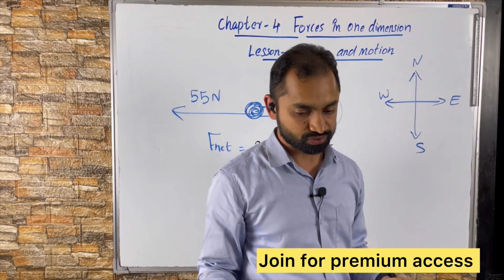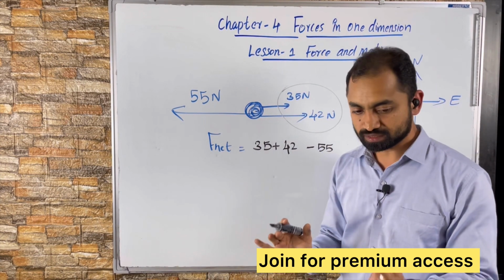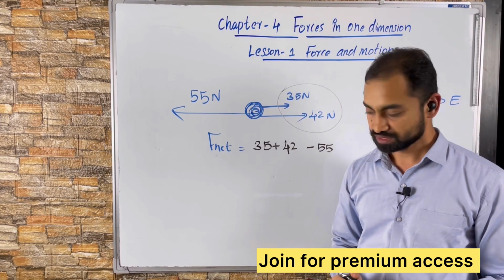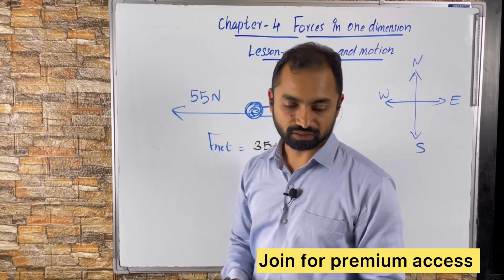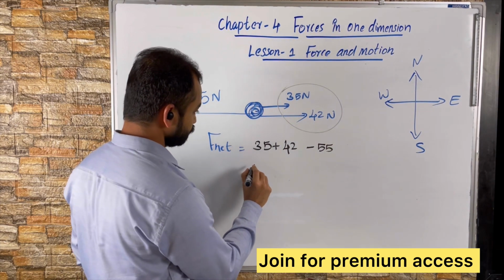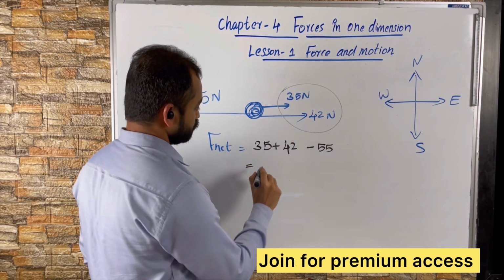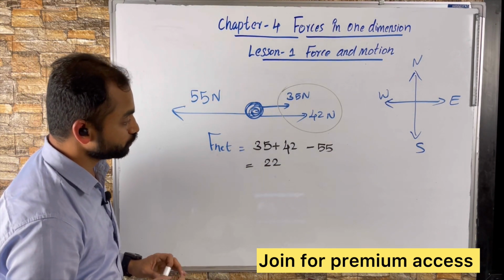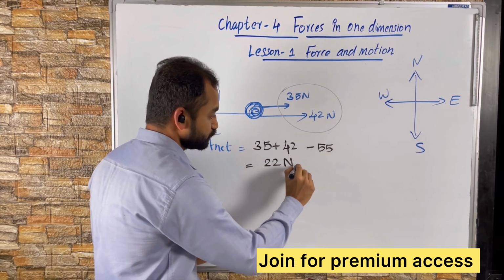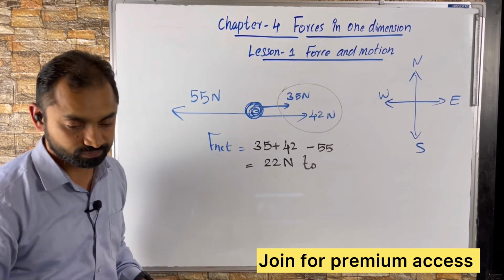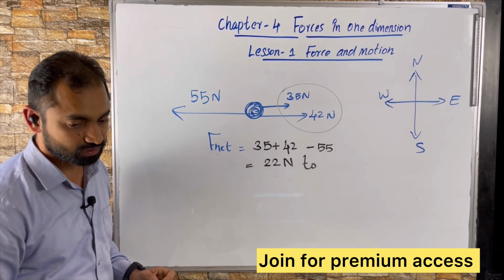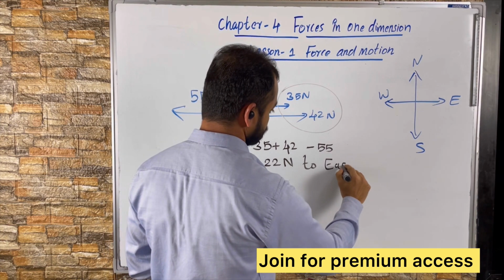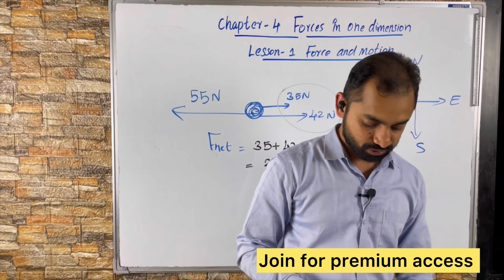Add all the forces acting in the same direction and subtract the forces acting in the opposite direction. So what will be our answer? 35 plus 42 will be 77, minus 55, okay, so 22 Newton. In which direction? To east or west? East. Very good. East. Okay, I hope you enjoyed the lesson.